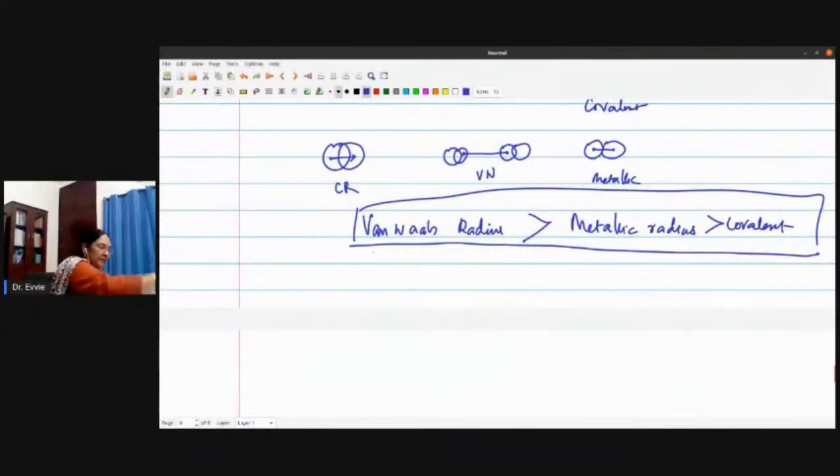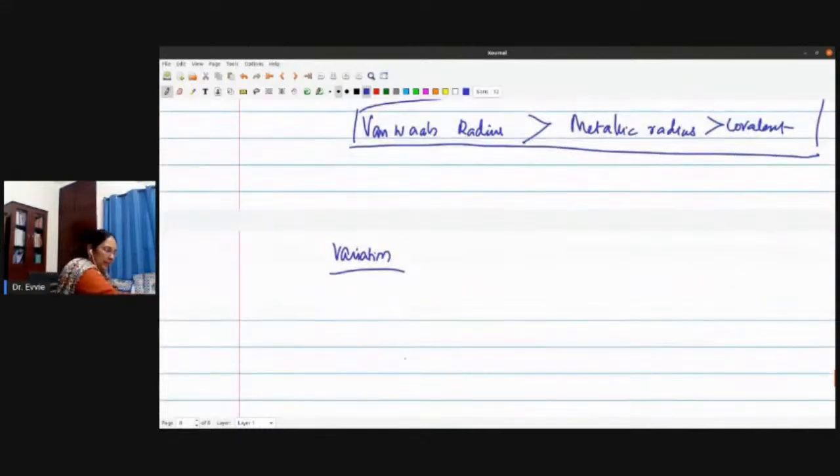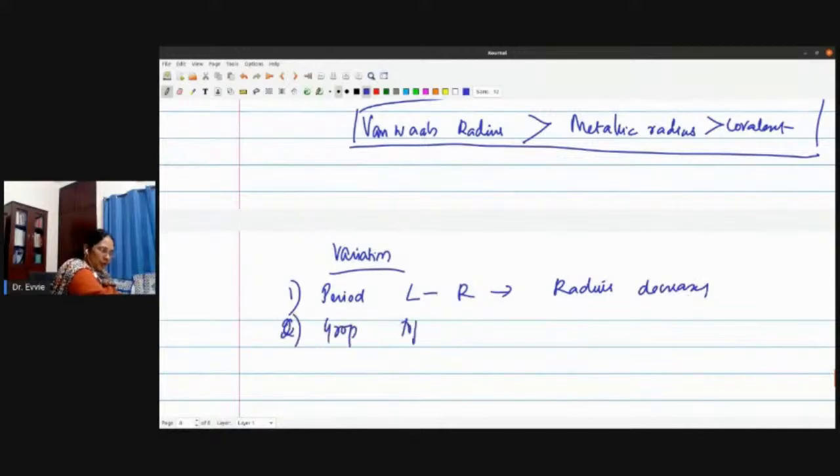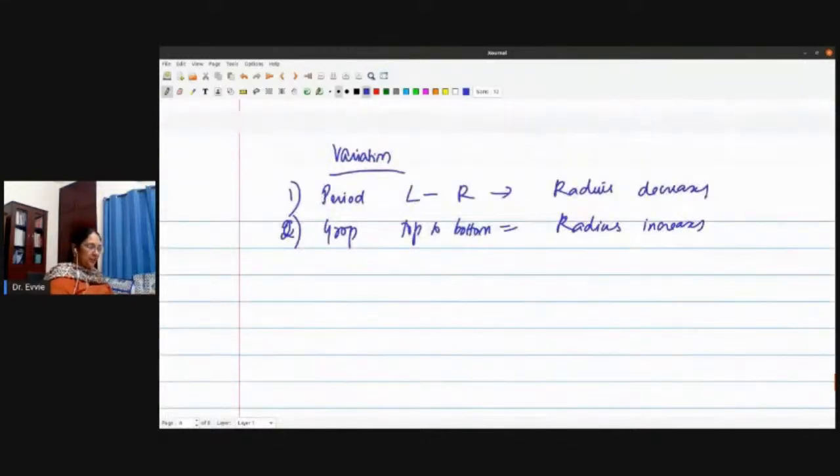As I told you, you have studied that along the period, that is left to right, the atomic radius decreases, and down the group, that is top to bottom, the size or radius increases. This is what you have studied in 10th standard. Now let us see all the exceptions.